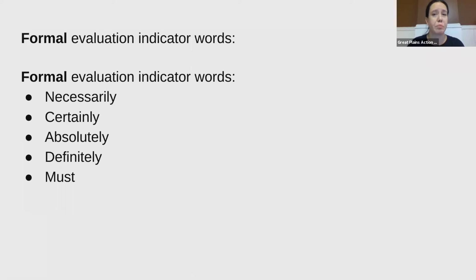All right. So to be able to tell whether or not we should be evaluating an argument according to formal or informal standards, try to figure out what the strength of the inferential claim being made is. There are some words. If we're going to be formally evaluating, the words necessarily, certainly, absolutely, definitely, must.